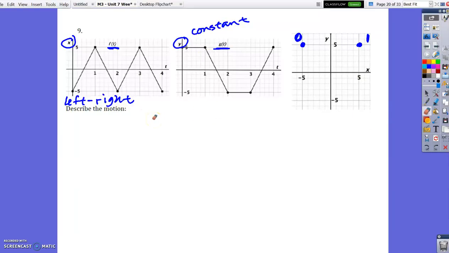And the idea is to follow and to create the dot to dot, but also to think about what's happening. So at time 2, x is at -5 and y is at -5. So this is time 2. And x went from right to left and y went from up to down.